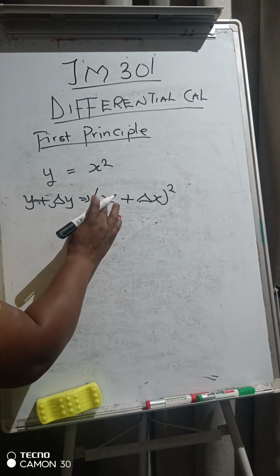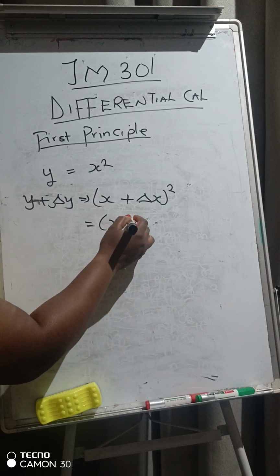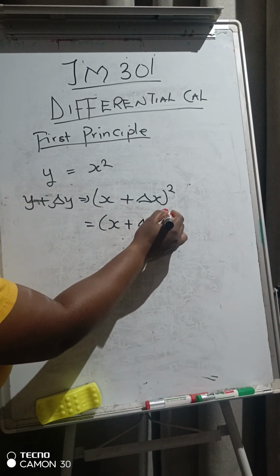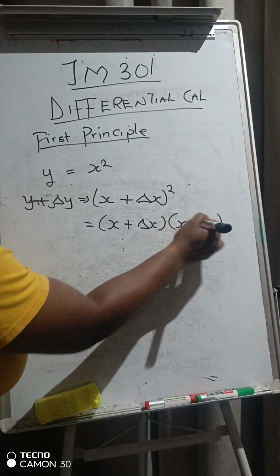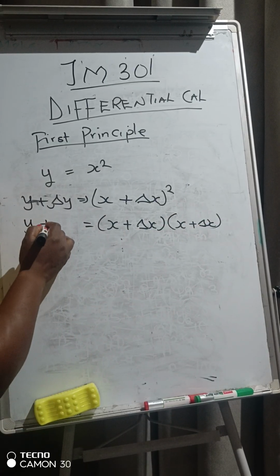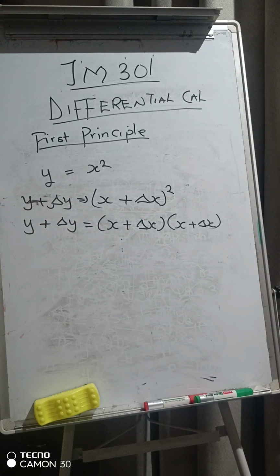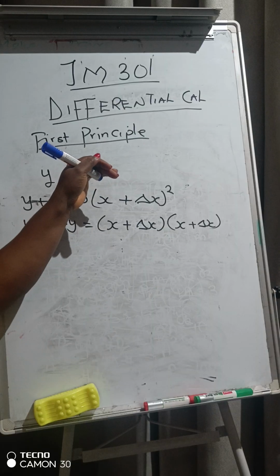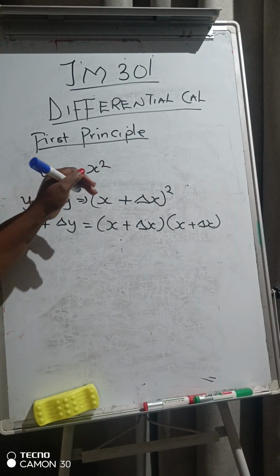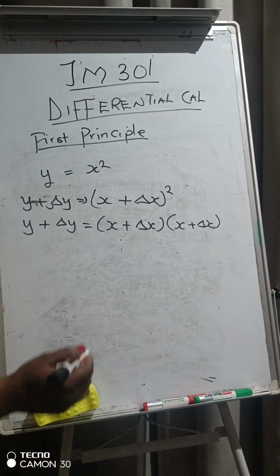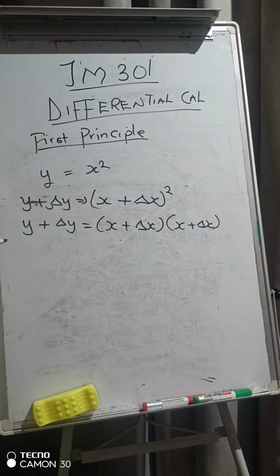Now when x plus change in x is raised to the power of 2, we can write this as x plus change in x times x plus change in x, and this will equal y plus change in y. I said something. For every time that there is a change in x, it will influence y to change. I gave you a typical example: your income, your purchasing power, or employment.